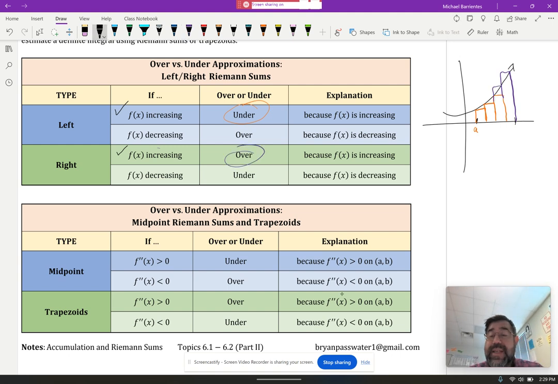Well, same or similar behavior if the function is decreasing. Now when I look at the left side, I start from the left side and I go over, and you can definitely see that now my rectangles that go above the curve are coming from my left side, which is what this is saying, and vice versa with the other part.